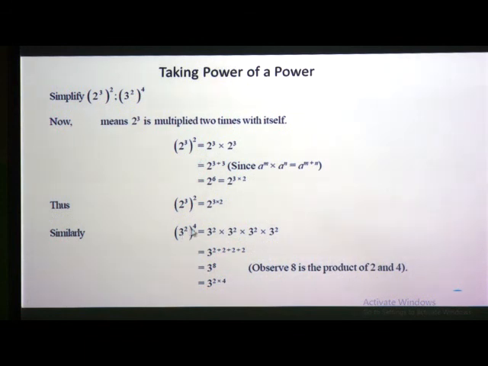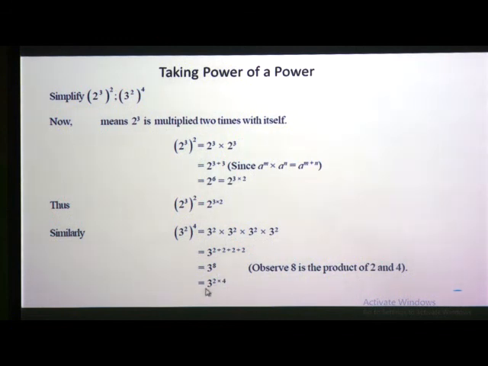It is nothing but a multiplication, or we can say the product of 2 into 4 or 4 into 2. So, we write 3 to the power 2 multiplied by 4 is nothing but 3 to the power 8, 3 raised to 8.